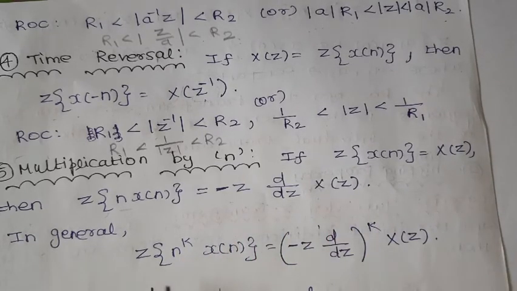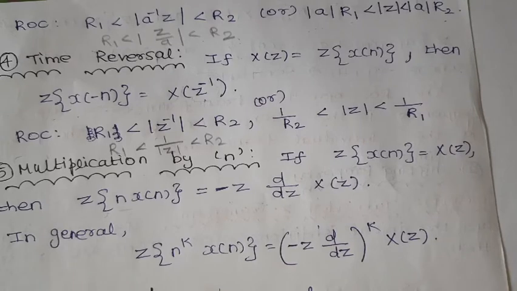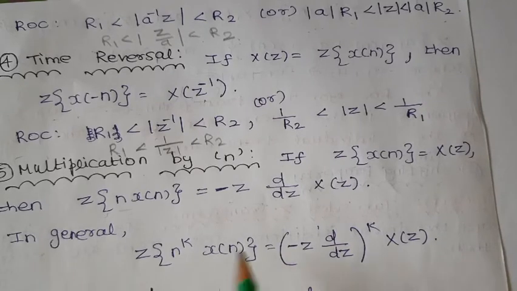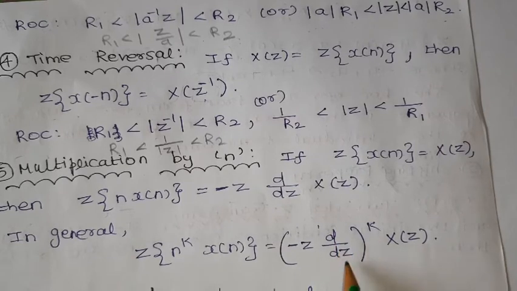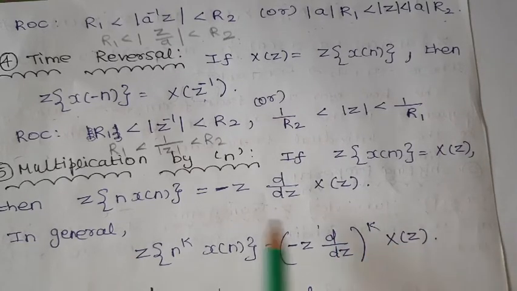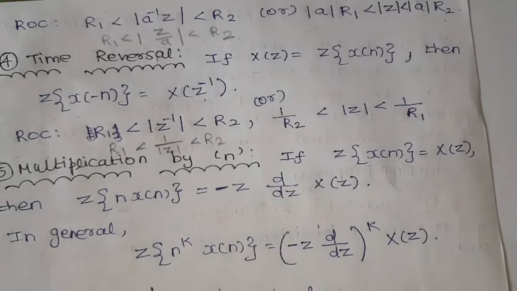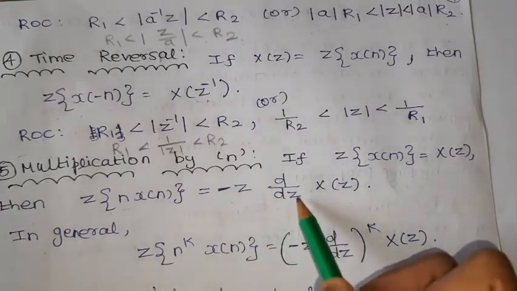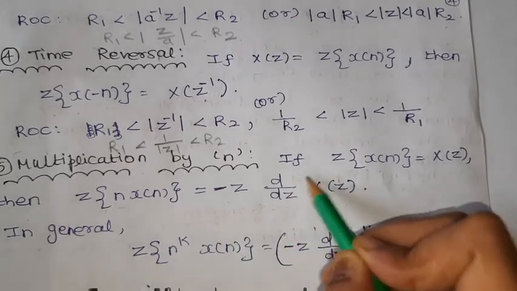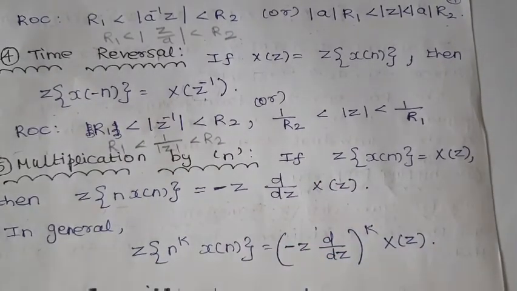In general, if it is multiplied by n power k, we get minus z into d by dz the whole power k of X of z. For example, if k is equal to 2, we get minus z into d by dz the whole squared into X of z.